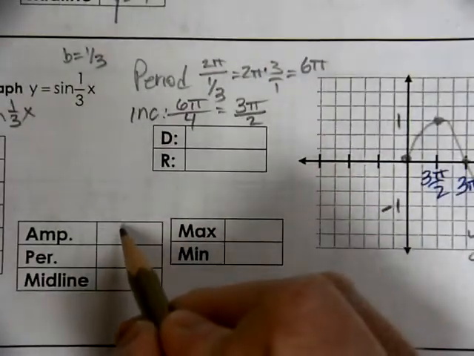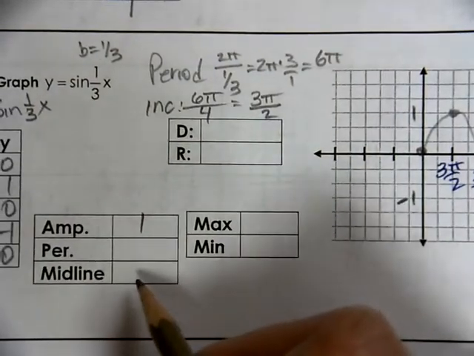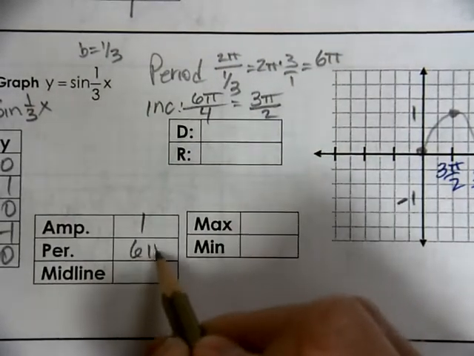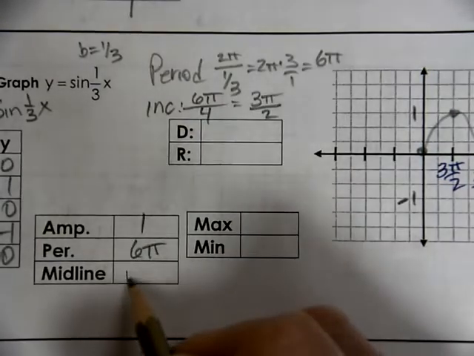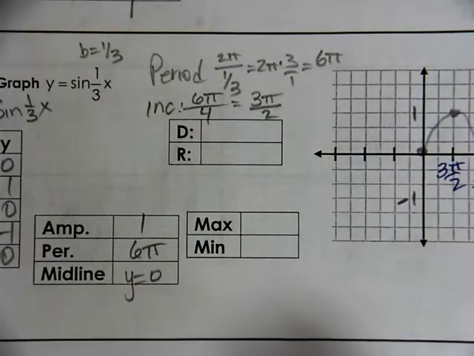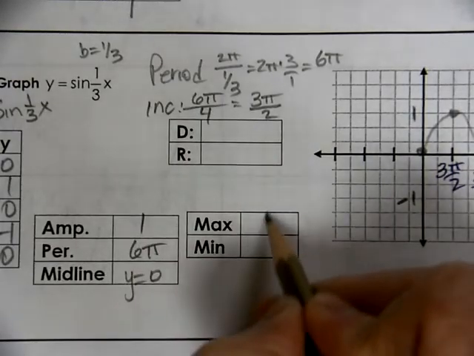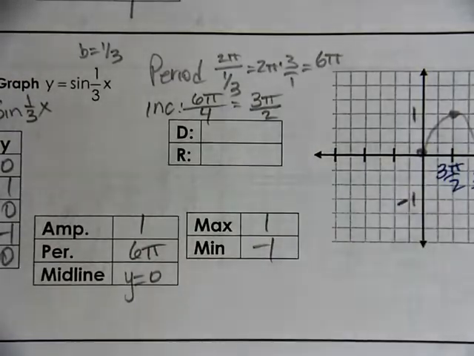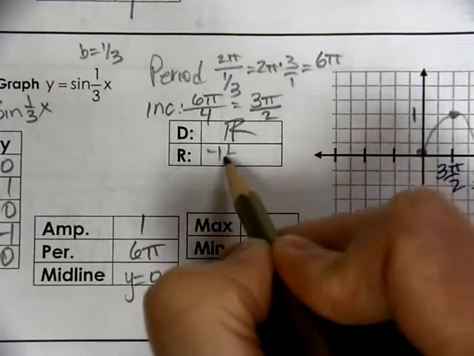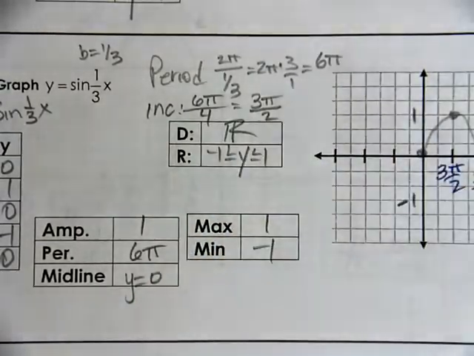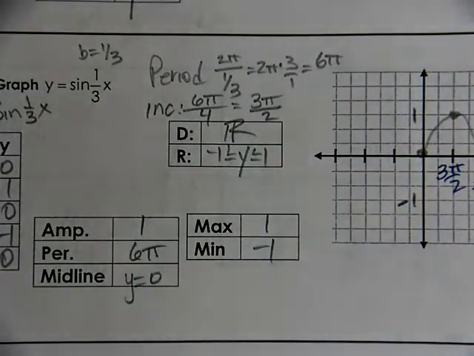The amplitude is 1. The period we calculated is 6 pi. The midline is y equals 0. The max is 1. The min is negative 1. The domain is always all real numbers. The range goes from the minimum to the maximum.